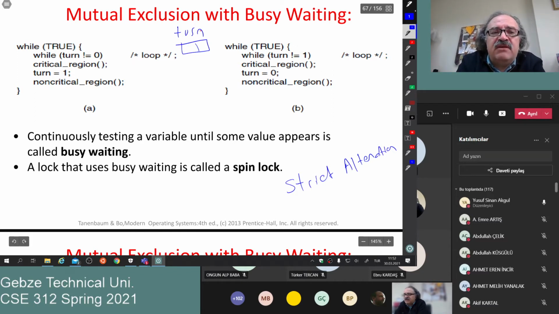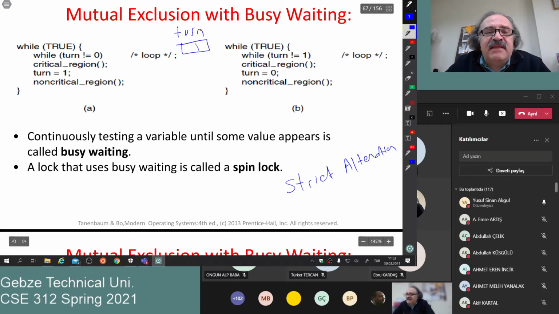If turn is 0, I entered my critical region. I made turn 1. I am in the non-critical region. I have completed the non-critical region. Top of the loop, I came here. Turn is 1. Okay, it is not 0. Since it is 1, not 0, I need to enter the critical region, but I have to wait. I am waiting for process number 2 to make it 0 again, but process number 2 is in the non-critical region. It is doing something.